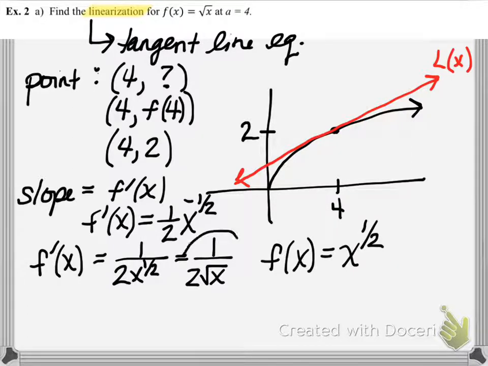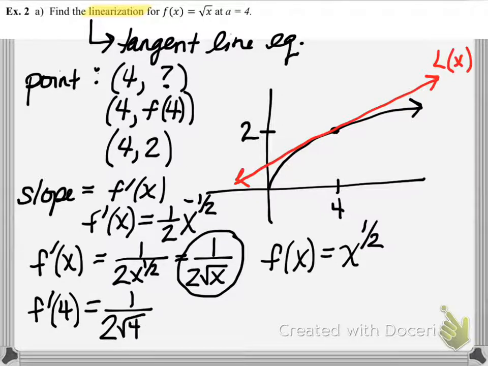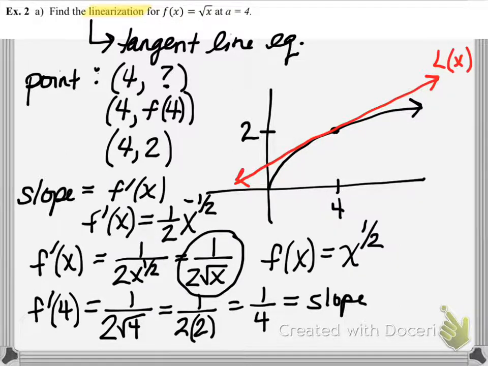And this version of the derivative is probably the easiest to work with if you're without a calculator and trying to now substitute in 4 so you can get the slope at 4, because then this is 1 divided by 2 times the square root of 4, which is really 1 divided by 2 times 2, which gives us 1/4. So this is going to be the slope of our line.